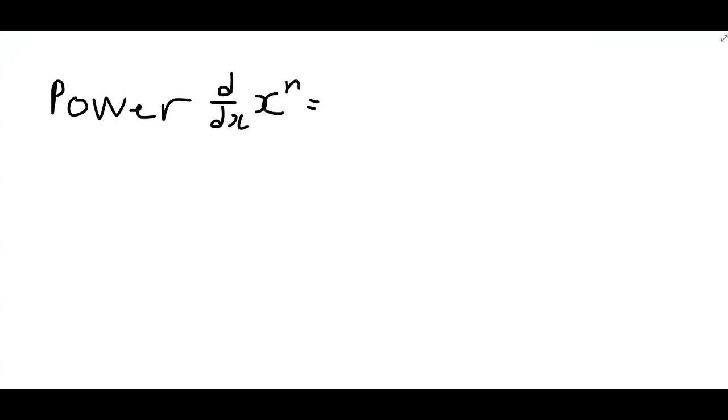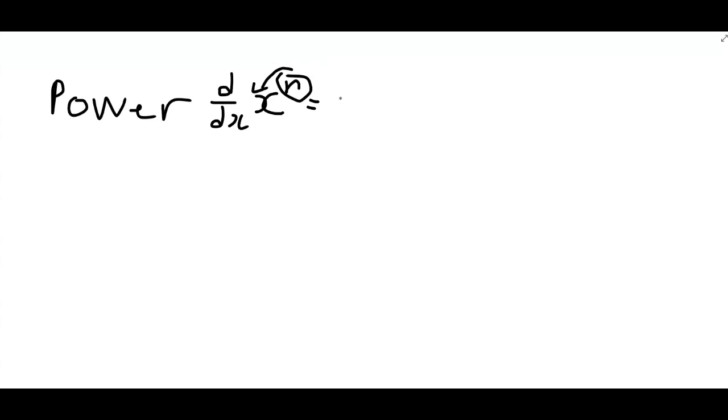So I'm going to be covering some basic differentiation rules. First of all, the power rule: when you take the derivative with respect to x of x to the power of n, you bring down the n in front.